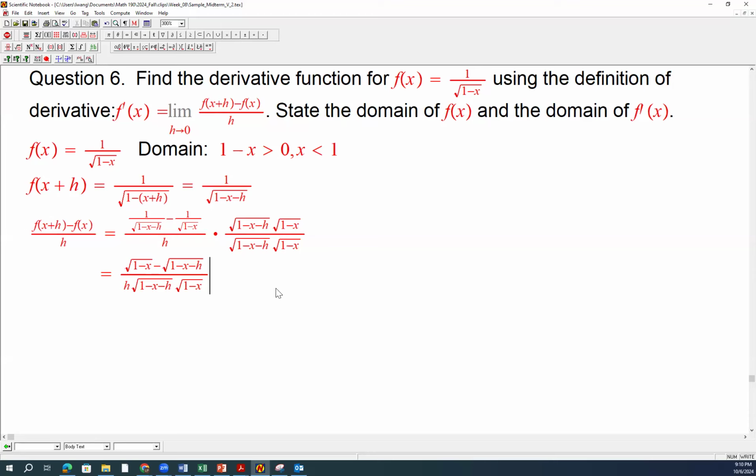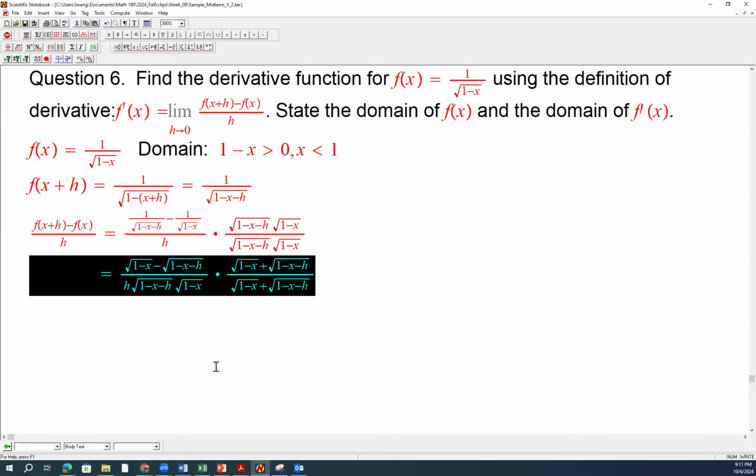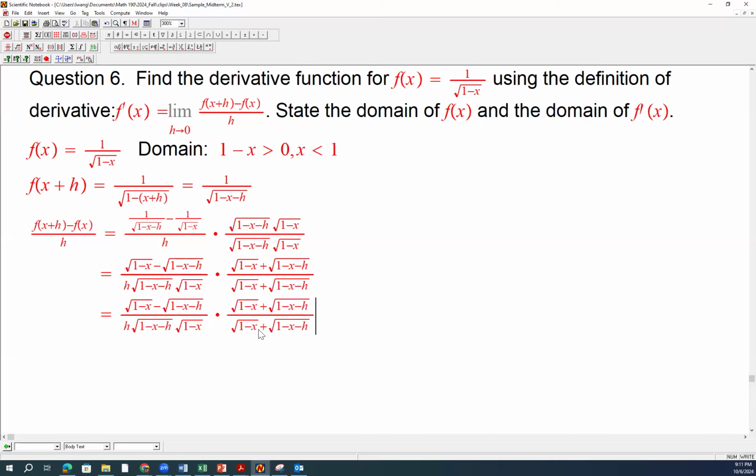And obviously, we still cannot do anything, right? So conjugates. The conjugate would be this root subtract the other root. With subtracting, its conjugate will be adding. So plus, over, numerator is the same as the denominator. So the conjugate is created.